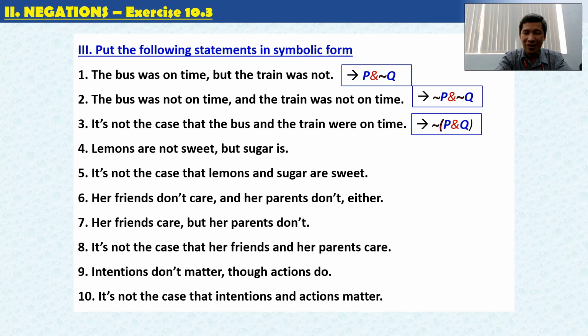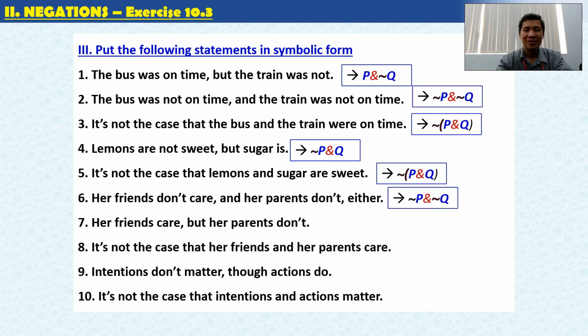Lemons are not sweet, but sugar is. Negation in the first? Not P and Q. It is not the case that lemons and sugar are sweet. Lemons and sugar, not the case P and Q. Her friends don't care, and her parents don't either. Negative, negative. Not P and not Q. Her friends care, but her parents don't.